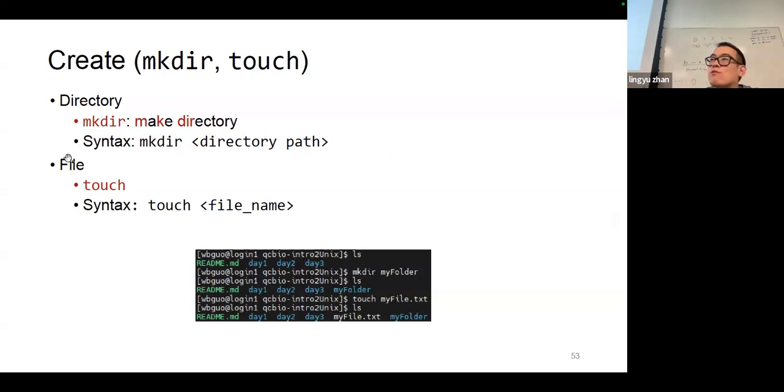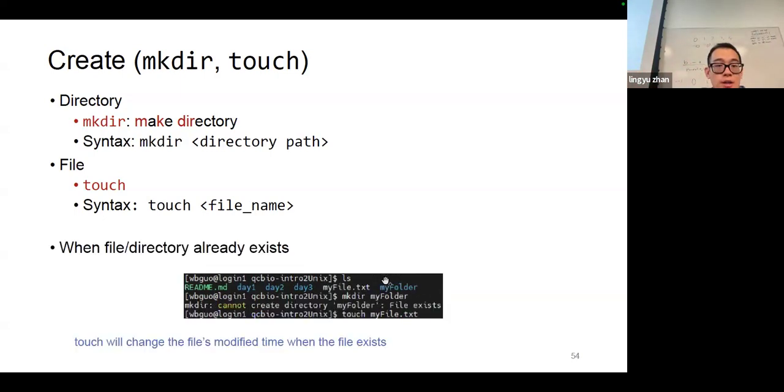If you want to create a new file, we've already talked about the command touch. If you touch a file that's already present, you will modify the timestamp, as we just did. If you touch a file that's not there yet, it will create a new empty file with that name.